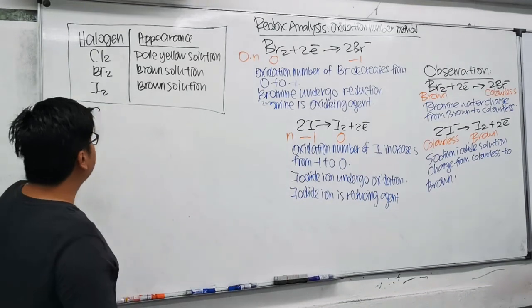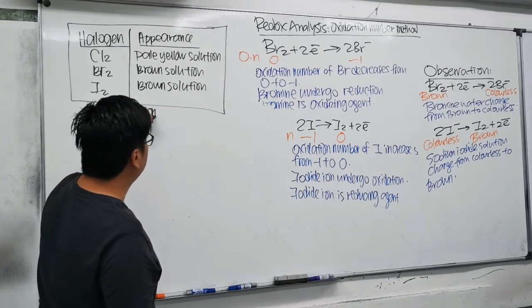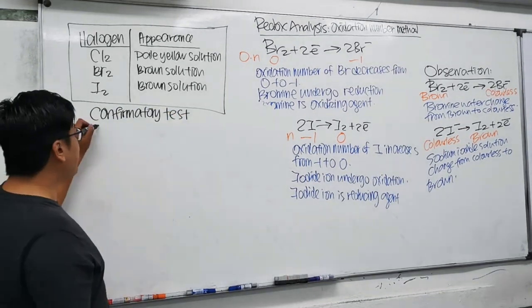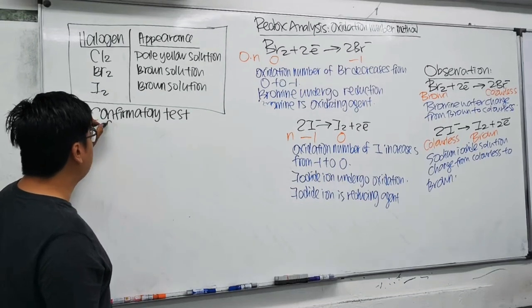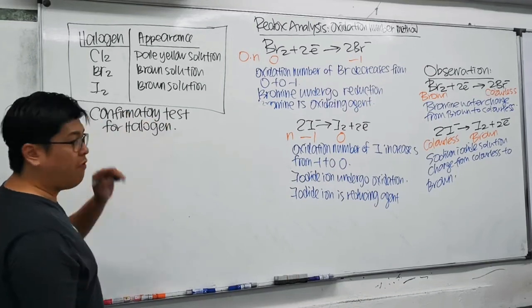So that's why you have to learn something called confirmatory test for halogen. What it means by confirmatory test? Confirmatory test comes from the word confirm.